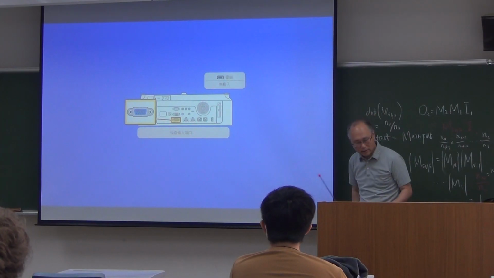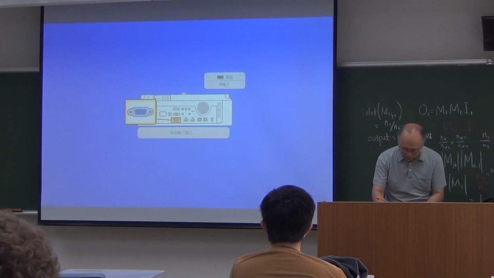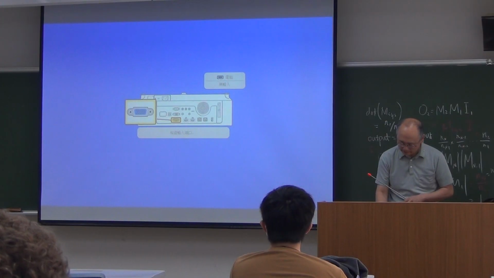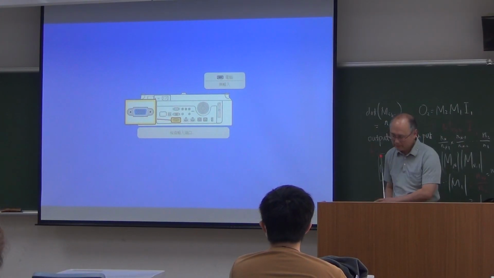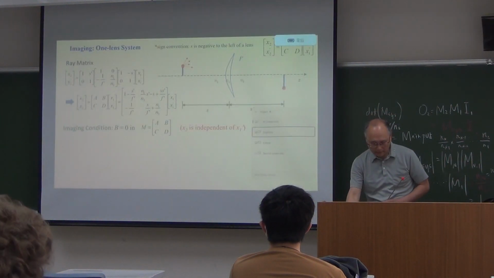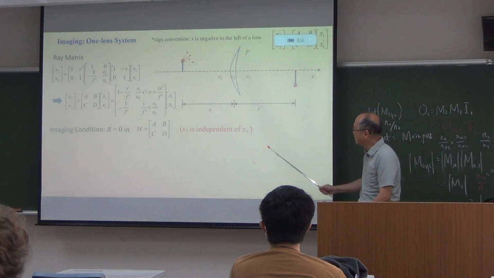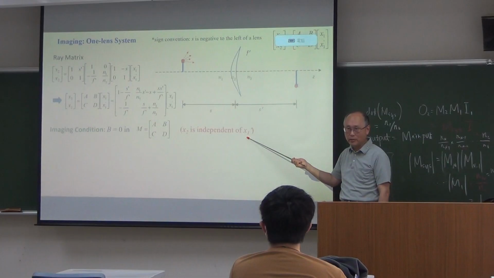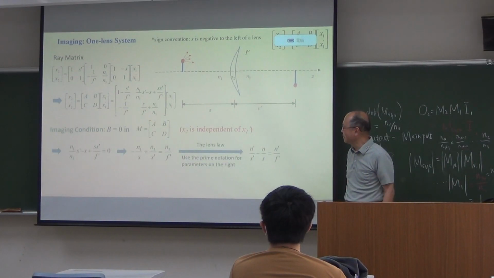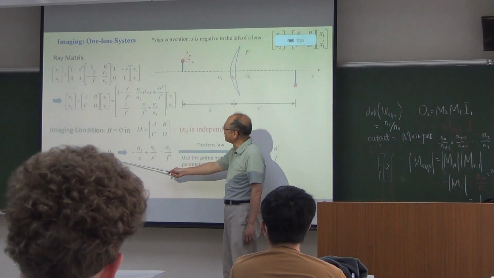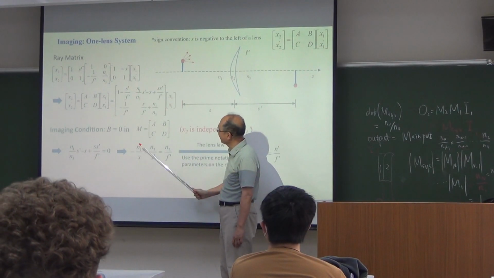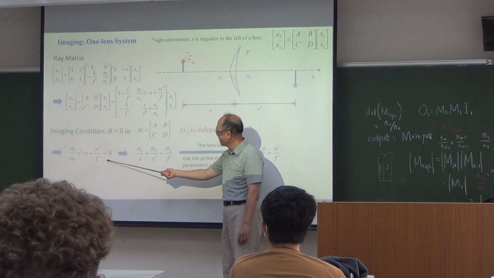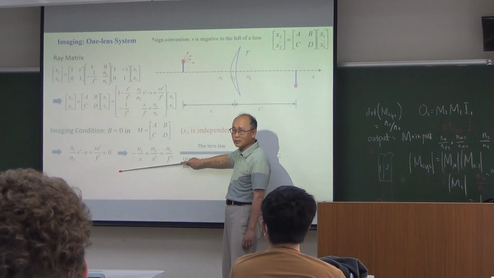Alright, is this understood clearly? So this condition is an imaging condition. Let's set b equal to 0, cut this down, and set it to b equal to 0. Then you end up having this.